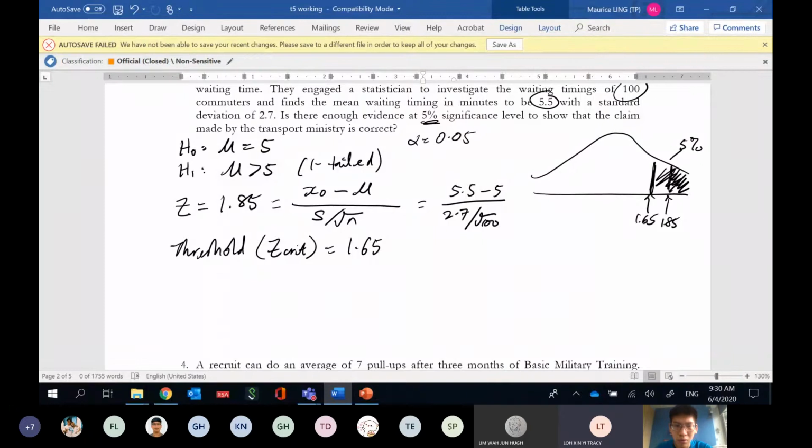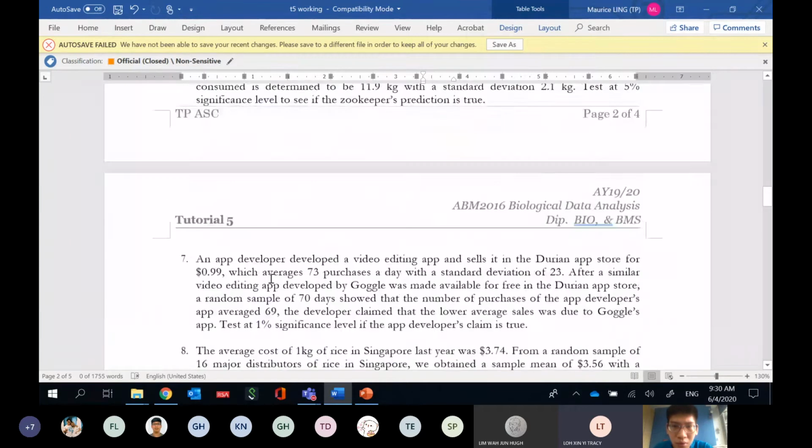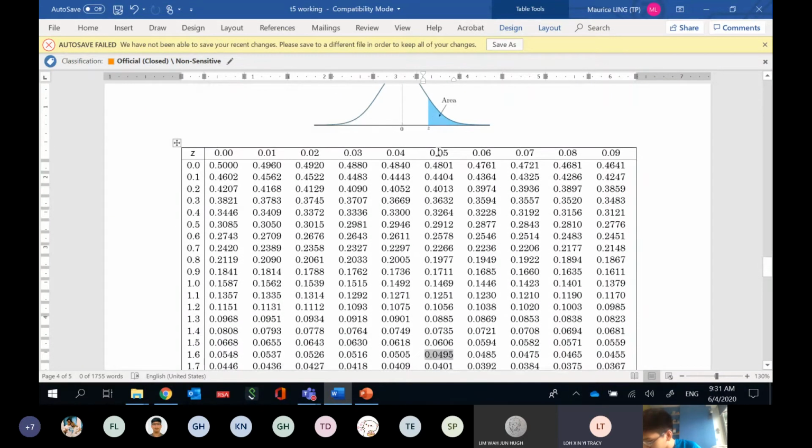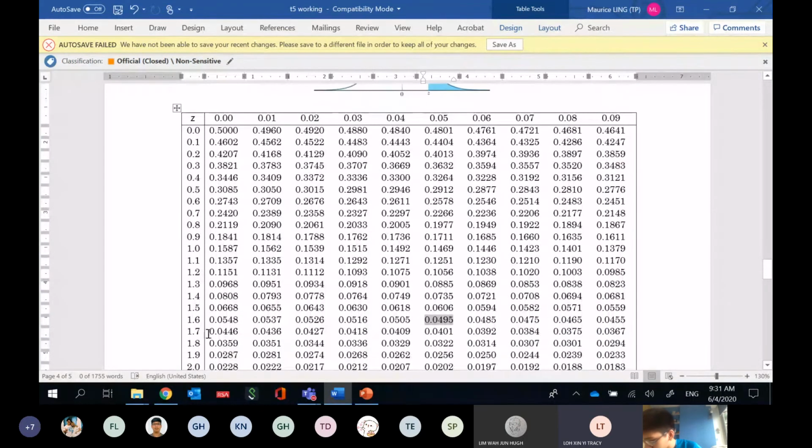If you go to 1.85, what is the area under the curve? It is 0.0322.